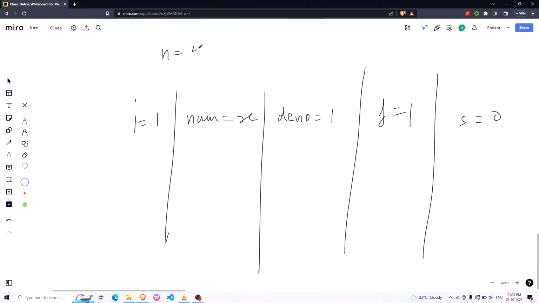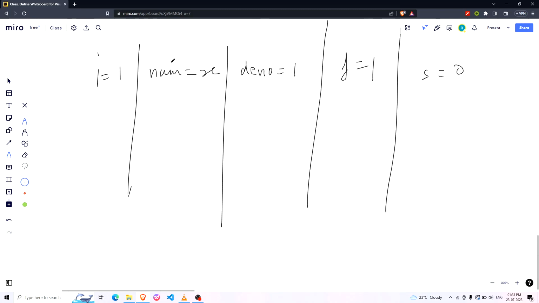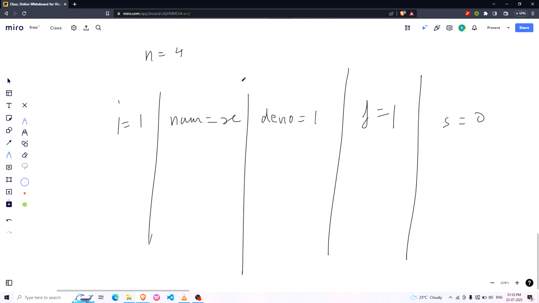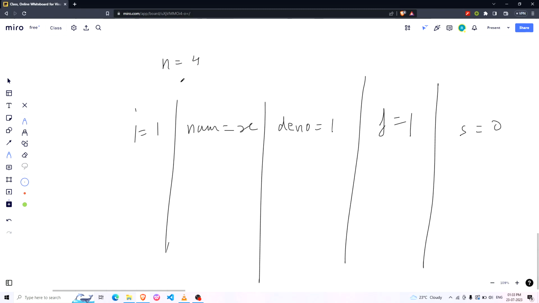Suppose n is equal to 4. So first of all we'll come to this condition, and check if I is less than or equal to n, right? It is.